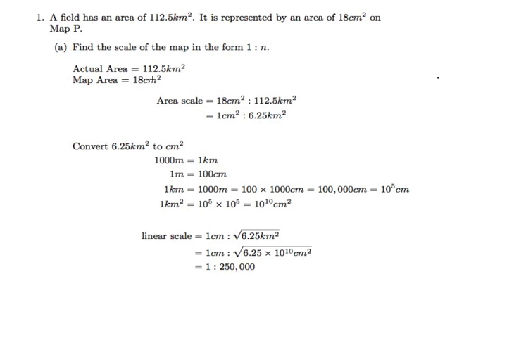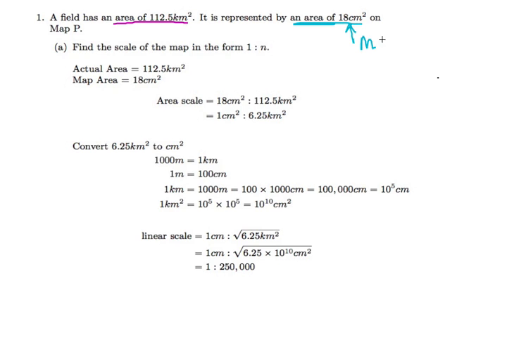So this is a very standard O-level question that I'm doing here. But this is slightly trickier because, as you can see, they give you the area first, and then they give you the actual area, and then they give you the area represented on the map here, which is 18.